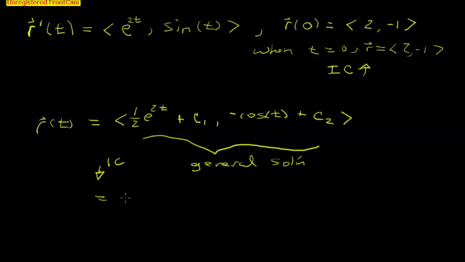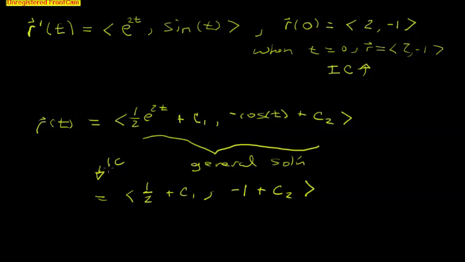we would on the right be plugging in t equals 0. And here's the right side. I'm plugging in t equals 0, and we would end up with 1/2 e to the 0, which is 1, plus c1. And negative cosine of 0 is negative 1 plus c2.